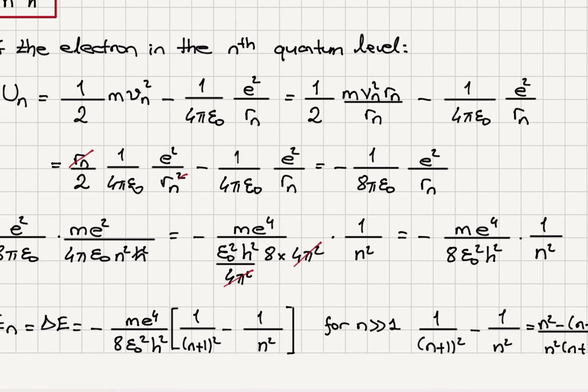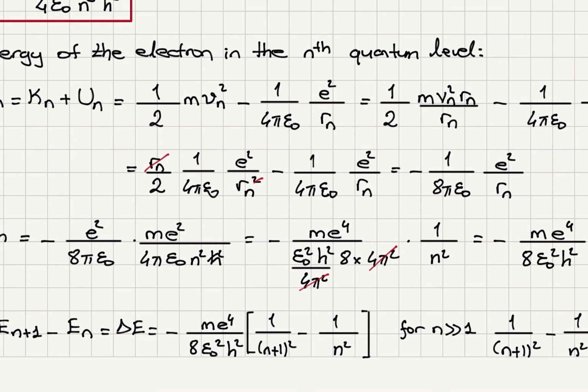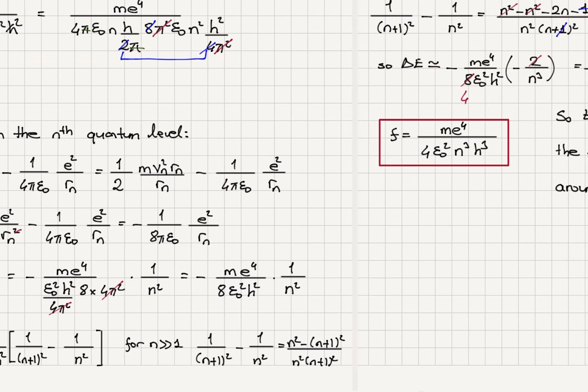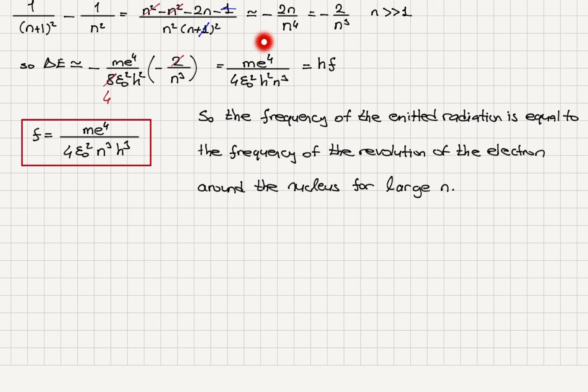For a transition from n to n+1 or n+1 to n, the energy difference is this, where we encounter the term 1 over (n+1)² minus 1 over n², and when n is much greater than 1, that term we have shown to be equivalent to minus 2 over n³ approximately.